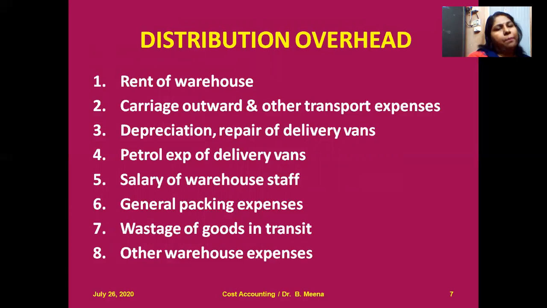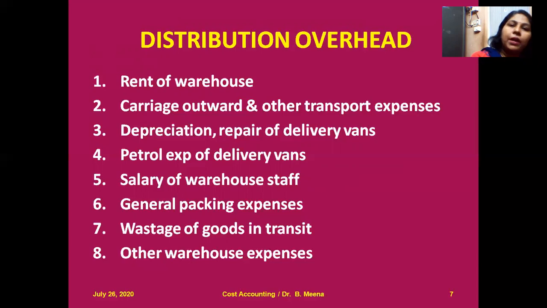So whatever rent I paid will come under distribution overheads. Carriage outwards means the carrying expenses that I incur to carry my finished products from my warehouse to the marketplace. That is carriage outwards. And other transport expenses, depreciation and repair of delivery vans. Try to differentiate the wordings.